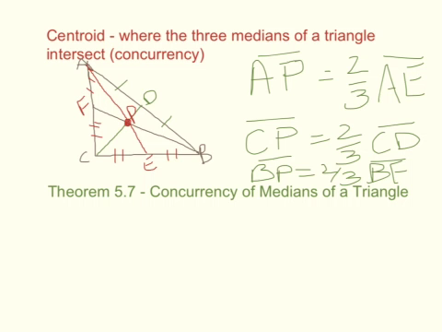There's a thing in your book where you can try to fold a piece of paper and find that centroid, and if you then just take your pencil, you can balance it on that central point. And that centroid is 2/3 of the distance of the entire median.